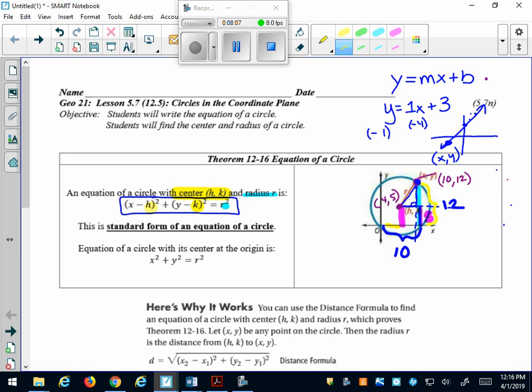What's this length right here? 4. So what's this length right here? 6, right? Because the entire distance is 10, and from here to here is 4, so this has to be 6. So now I have this triangle. I'm going to redraw the triangle. And this distance is 6, you just told me, right? What's this blue distance right here?